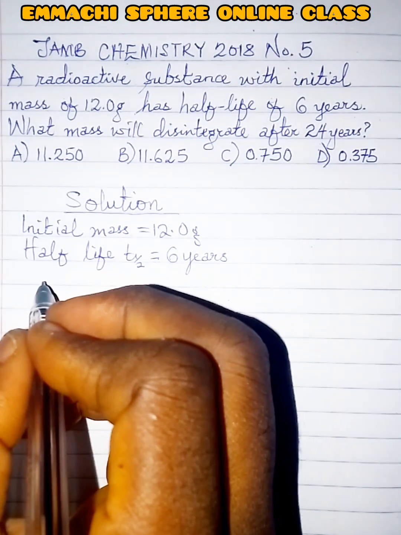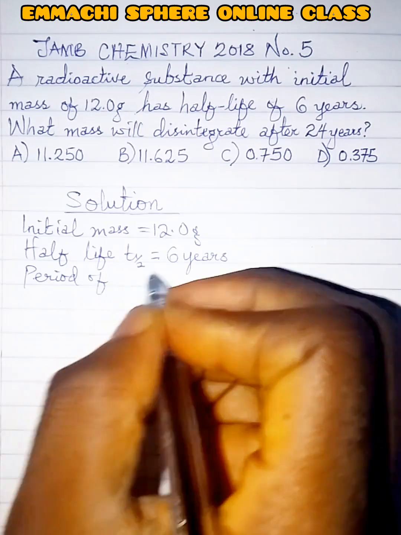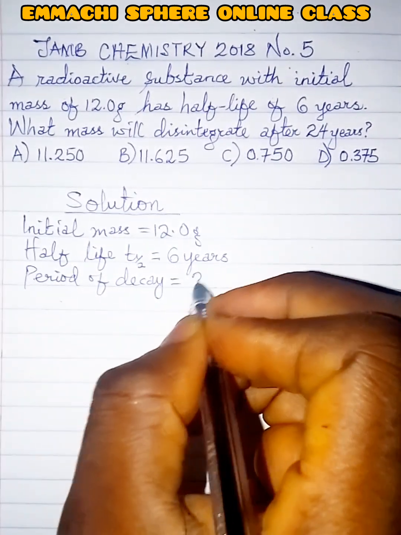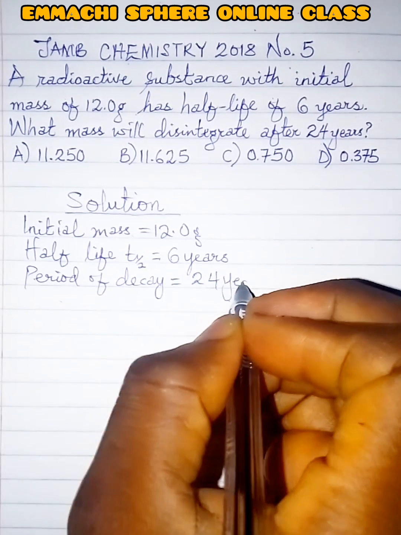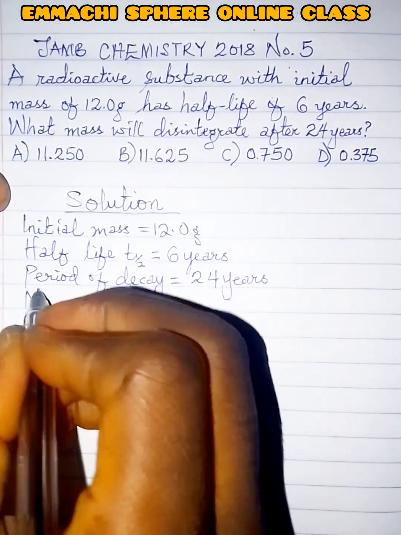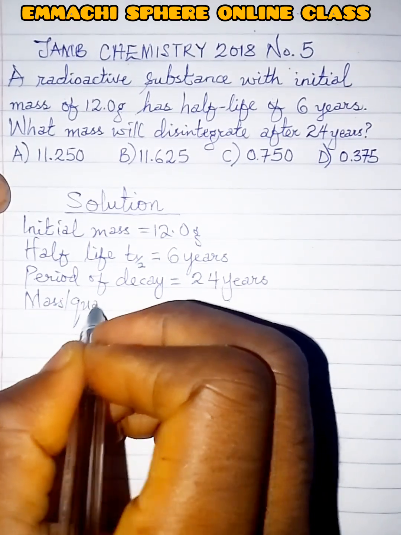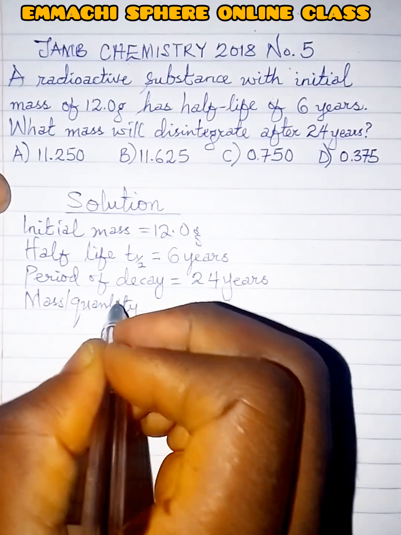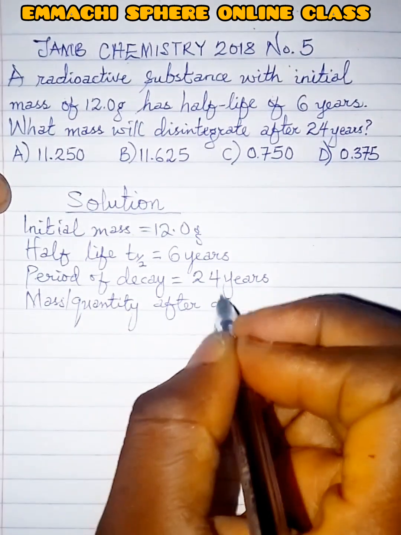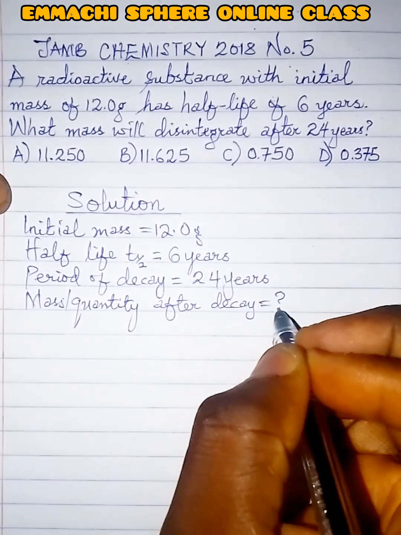The period of decay, or if you like, the period of half-life is also given as 24 years. We are told to calculate the mass, or if you like, the quantity after decay. So that is what we are now looking for.